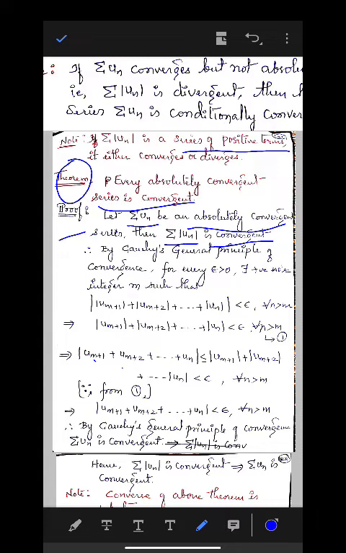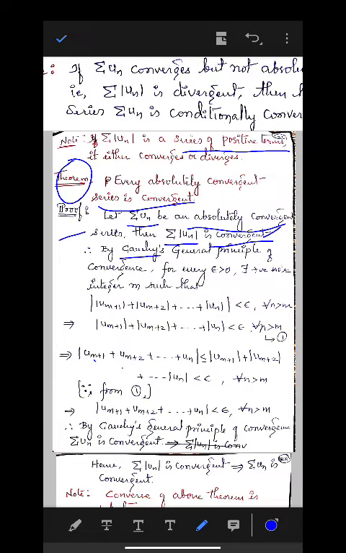So we are taking summation un as absolutely convergent, and we are proving that summation un is convergent. That's it. If summation un is absolutely convergent, obviously summation over n equals 1 to infinity of modulus of un is also convergent according to the definition.